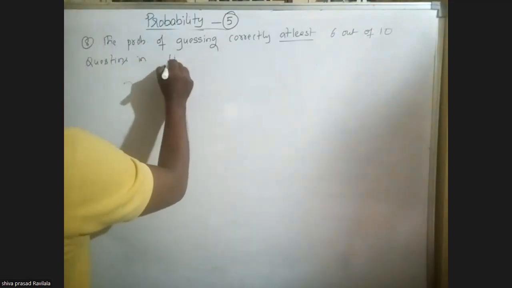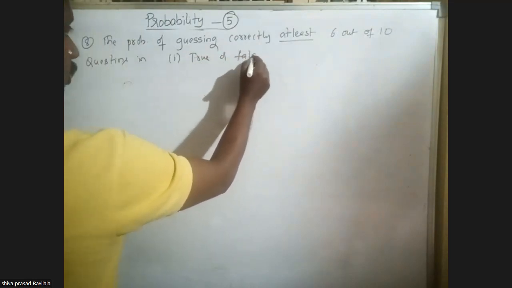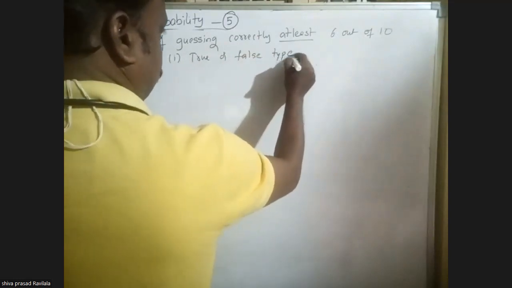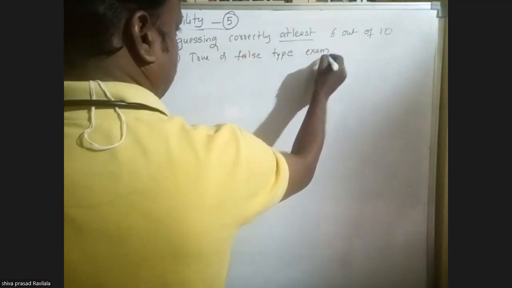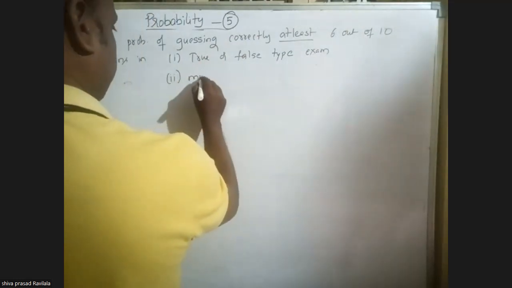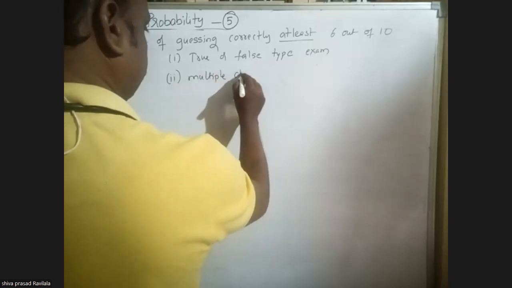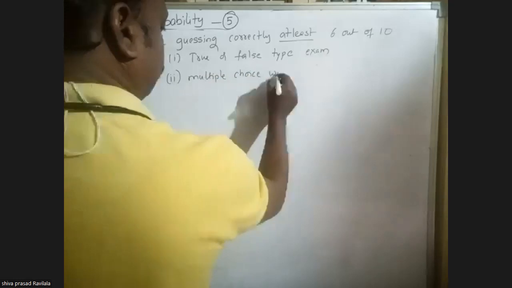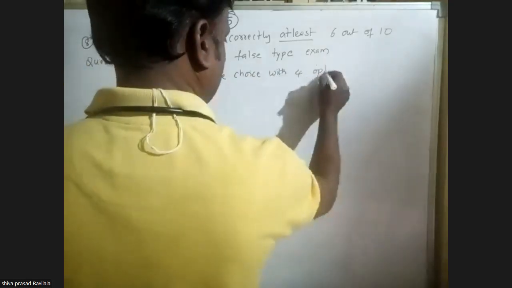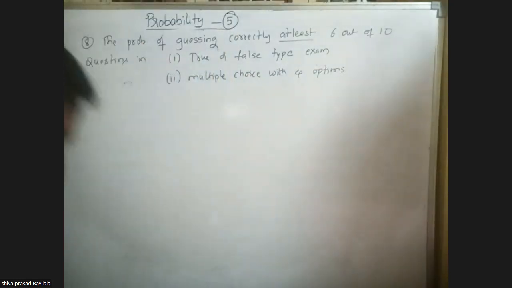There are two types. The first one is a true or false type exam. The second one is a multiple choice exam with 4 possible answers, you simply write down 4 options.